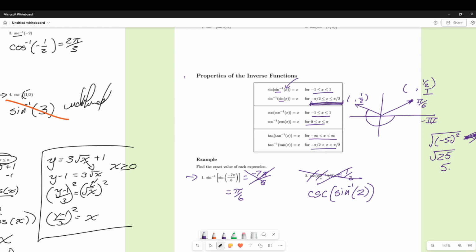The reciprocal is the reciprocal ratio, so we just took the reciprocal of that ratio, and 2 is not within negative 1 to 1, so this isn't possible, so it's just undefined. We can't even move it to some place that is possible. If the ratio's not right, we can't do anything, and we're just done.